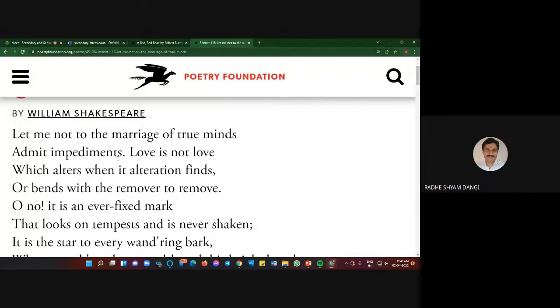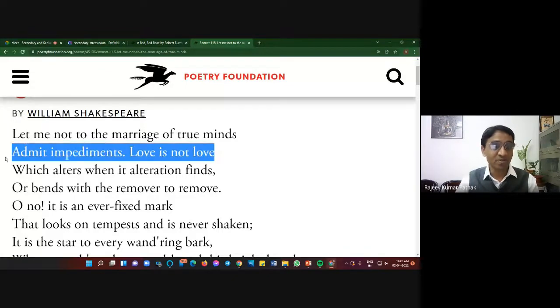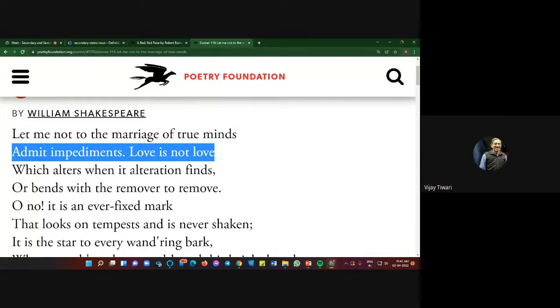Love, 7th; is, 8th; not, 9th; love, 10th. In the second line, the number of words is 6, but the number of syllables is 10.